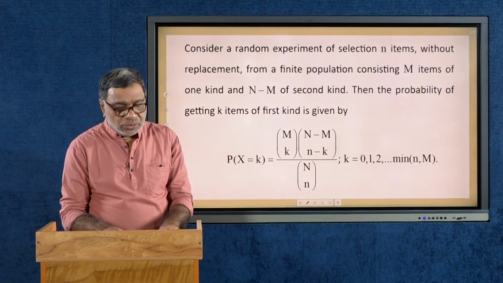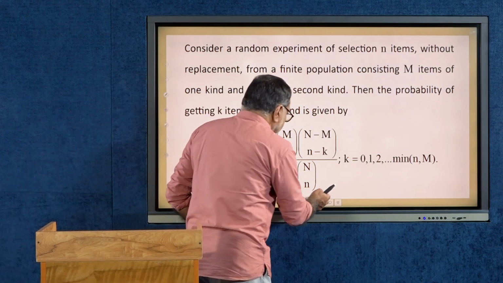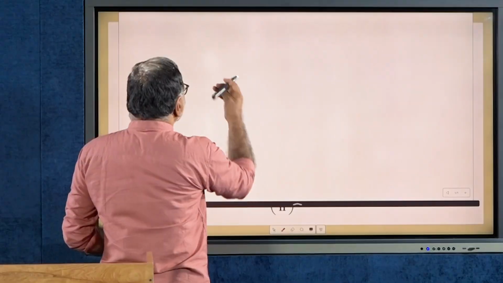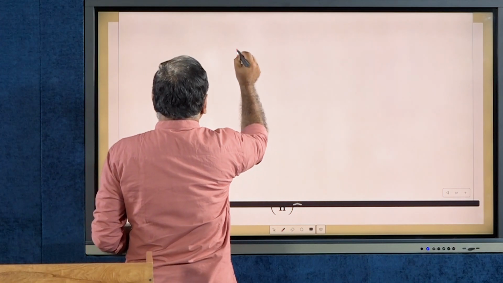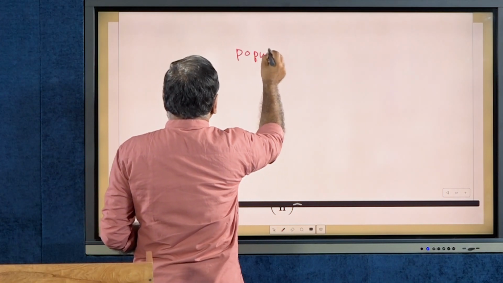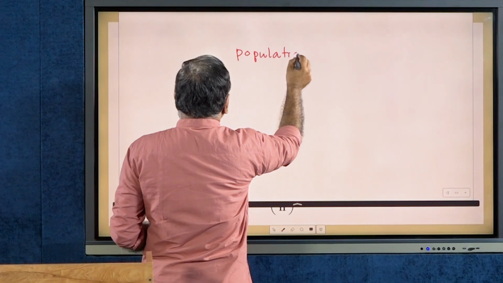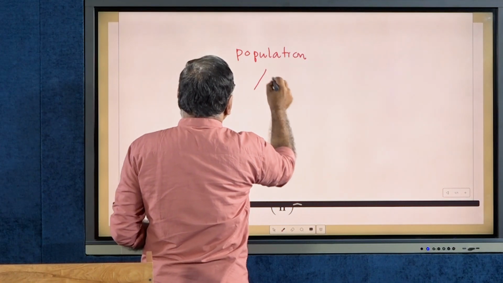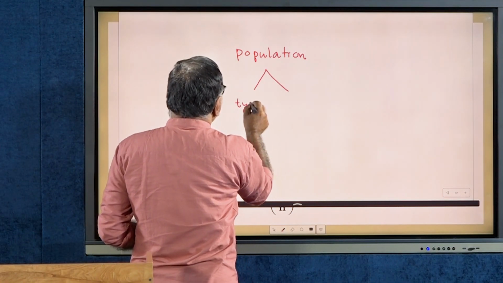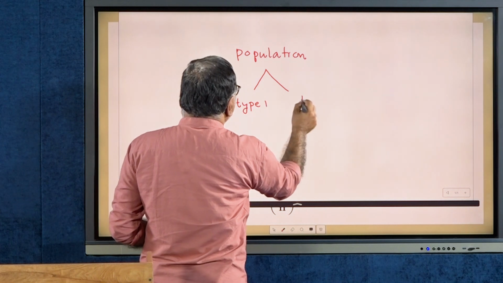So we have a population of two types of items, type 1 and type 2.